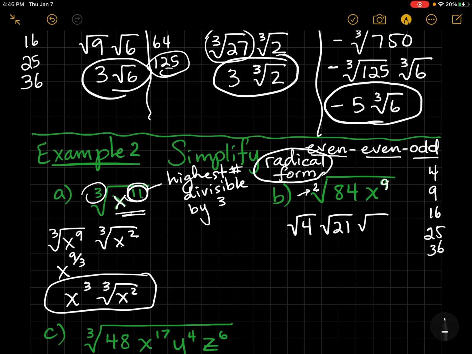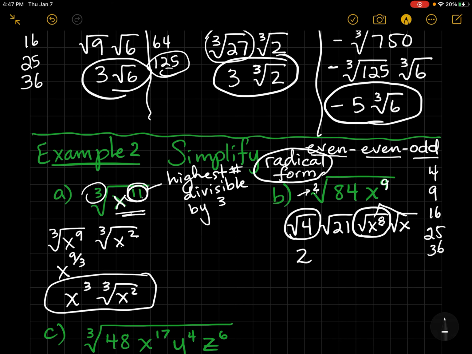So I'm going to break this apart to x to the 8th because 2 goes into 8 evenly. You want to take out as many 2's as you can, as many perfect squares. That leaves me at x to the first power, so that when these are multiplied together, you get x to the 9th. Now, this is a perfect square, and this is a perfect square. This is about separating the perfect squares.